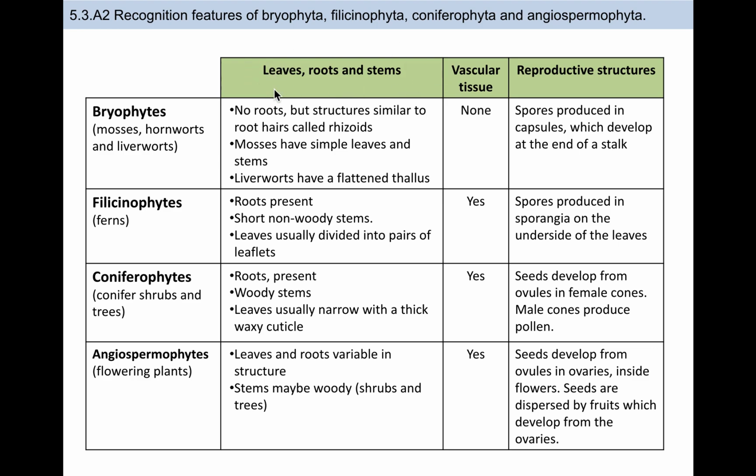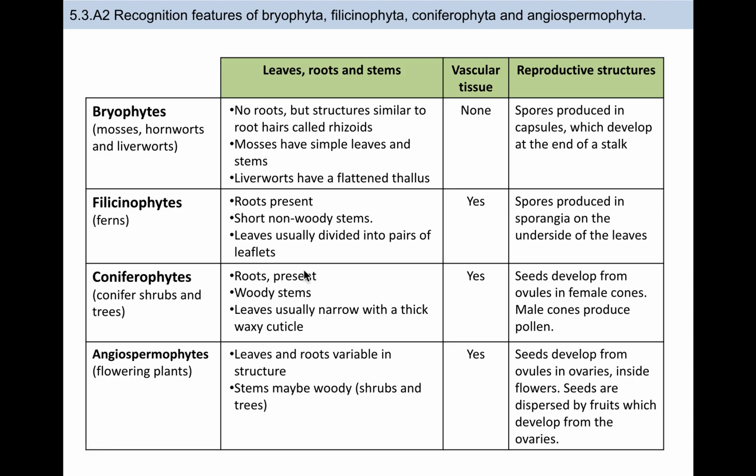When we try to remember the differences here, or in a dichotomous key, the characteristics that tell them apart are their leaves, roots, and stem systems. For example, coniferous trees or pine trees, you can see the leaves are usually narrow with a thick waxy cuticle, whereas in a flowering plant, stems may be woody, shrubs and trees, and leaves and roots are variable in structure.